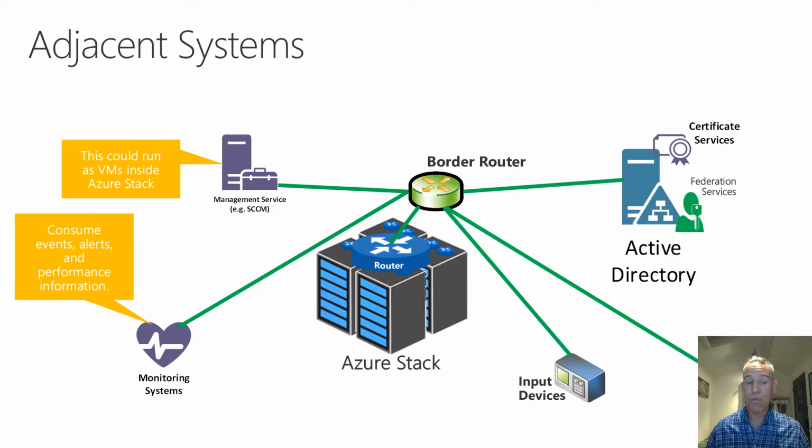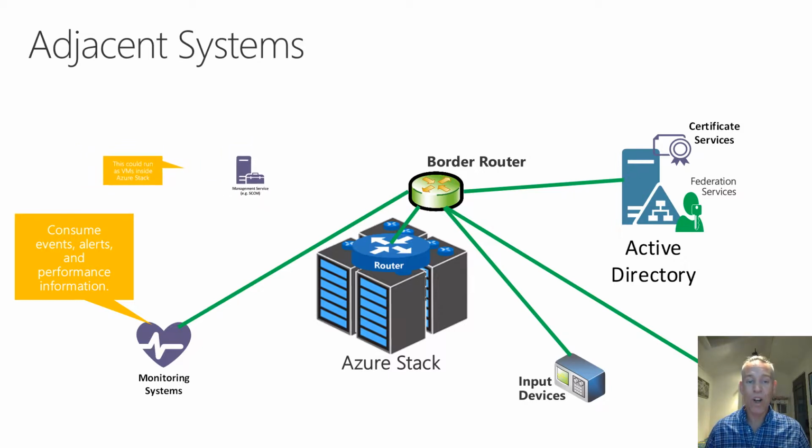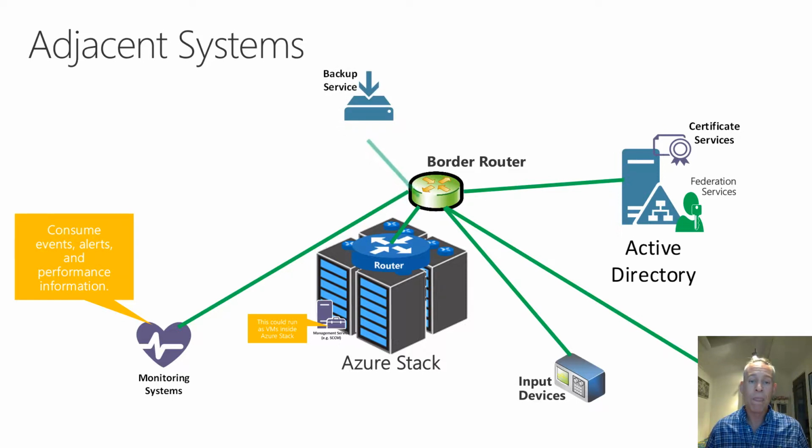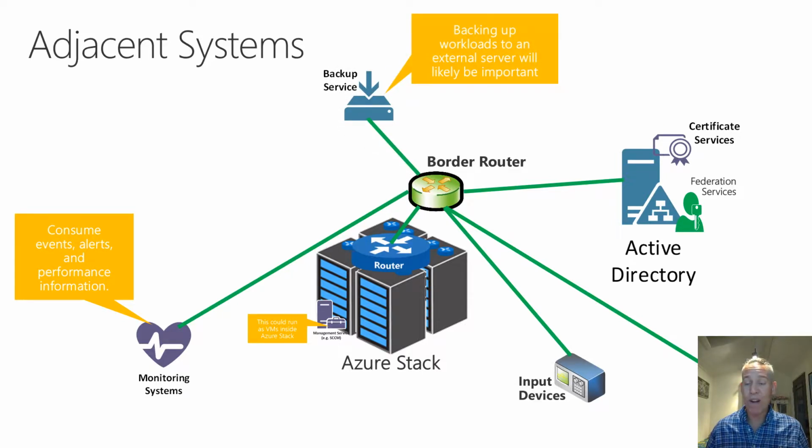That could also run as a virtual machine in IaaS inside Azure Stack. So not all of these services would need to be external. It's possible to run some of them as VMs running on the Azure Stack itself. So you can consider that if you're architecting one of these disconnected scenarios. Backups, we obviously recommend that the backup for infrastructure or workloads should be independent of Azure Stack.